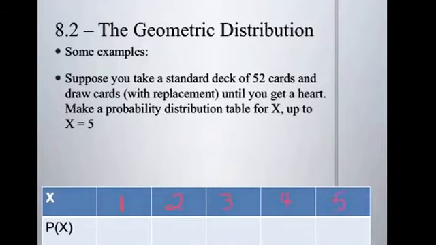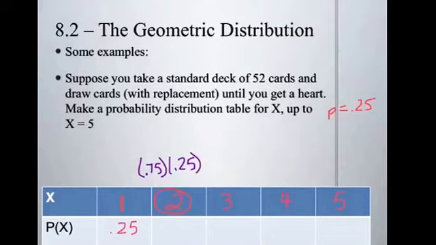And find the probability that we get a heart on the first time. Well, that's still just 0.25. The probability of getting a heart is 0.25. Now, for x equaling 2, what this is asking is, what is the probability that I don't get a heart on the first time, and on the second time I do get a heart? So I'm going to calculate that as not getting a heart, 0.75, times getting a heart, 0.25.